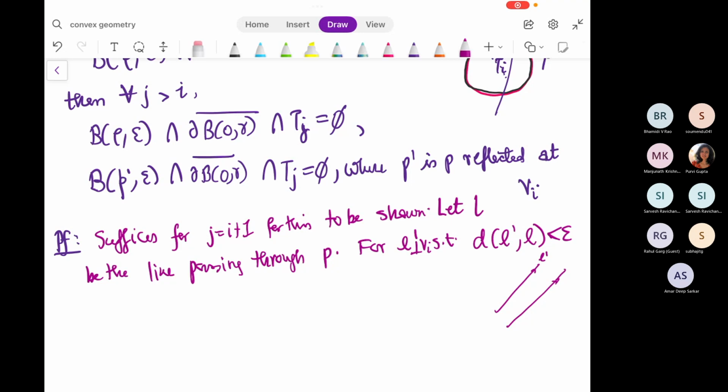So if this is L prime and this is L double prime, then this particular quantity here is the distance. If that distance is less than epsilon, then you can check that the Lebesgue measure of T is definitely less than 2R.